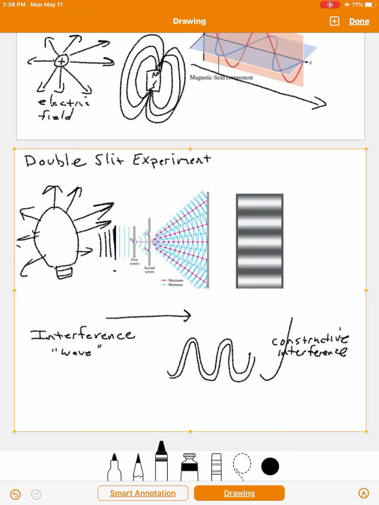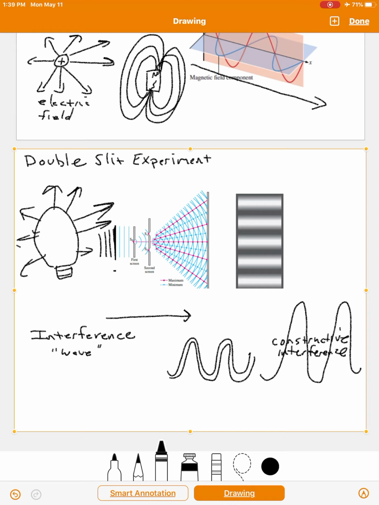So what happens is they just add and the wave gets larger. It's kind of cool. Imagine two people each had a baseball, and threw them, and they happened to hit the same spot at the same time. They would merge together into one larger baseball.